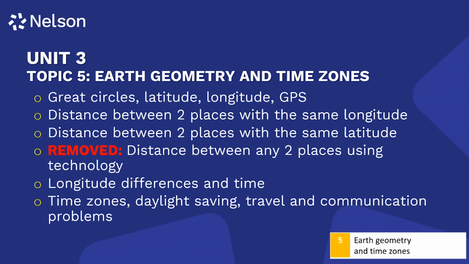So here, the main thing that they have taken out is finding distances using technology, which I think again is a sensible removal, particularly if you put the lens of that external examination on, that it really is not something that they can test, whereas all of the other material that's there, longitude, latitude, time differences, time zones, these are all skills that students should interact with and engage with. So it's a really nice unit, I think, now.